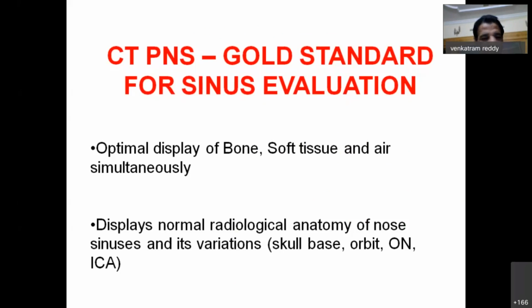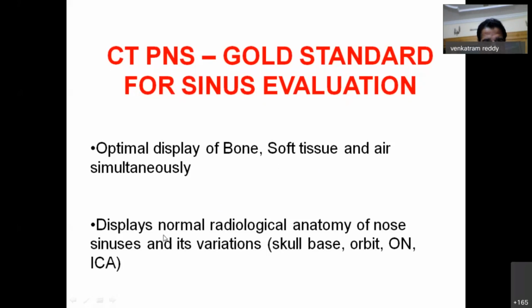Then the CT scan of the sinuses has become the gold standard for sinus evaluation, for the simple reason that it has an optimal display. It shows the bone, the soft tissues, and the air within the sinuses simultaneously. This simultaneous display has made it the gold standard for evaluation of sinus disease, even now for most practicing ENT surgeons.